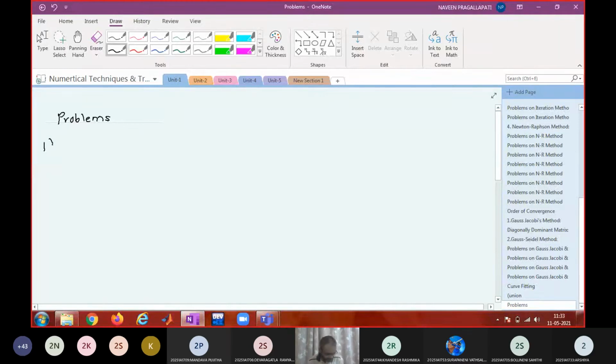Find a least squares straight line to the following data. Okay, so write down the data.